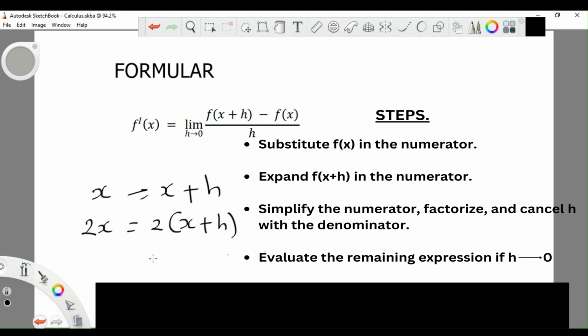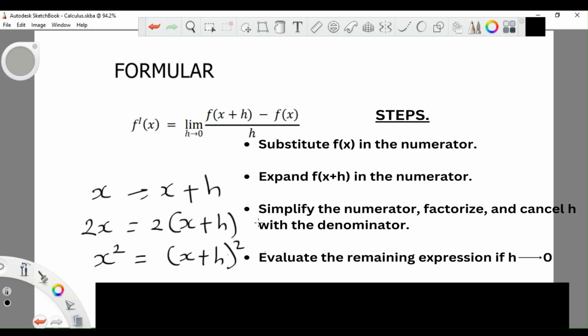We have x squared becomes x plus h all squared. So if, for example, the function is x, it means that our x becomes x plus h. If the function is 2x, this becomes 2 open bracket x plus h. If the function is x squared, this becomes x plus h all squared.